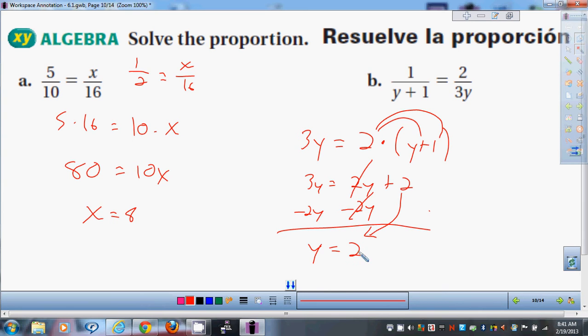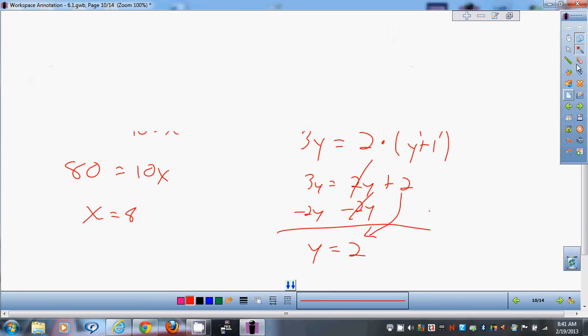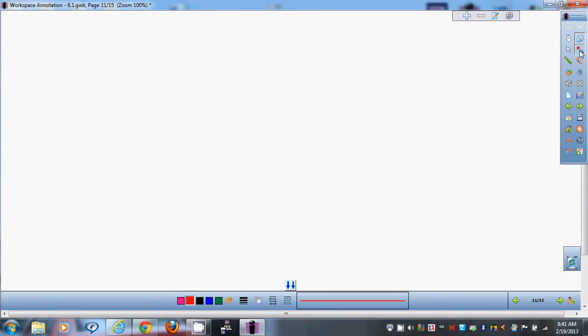Let's look at one more of those. How about x over 4 equals 3x over... Nope, I don't want to do it like this. x plus 6 over 12.